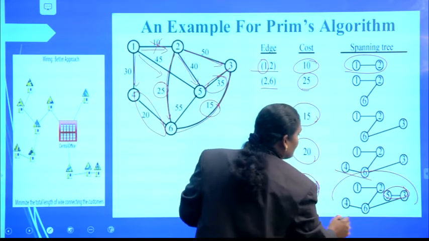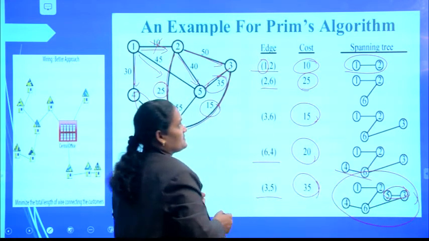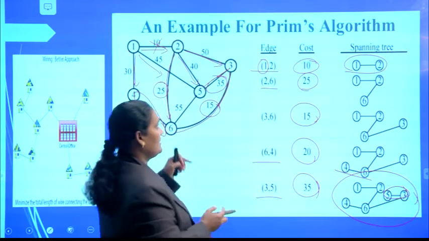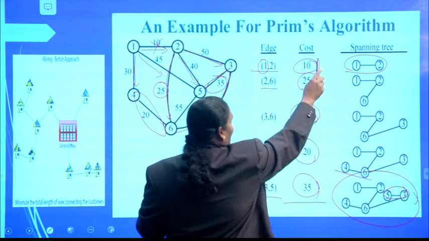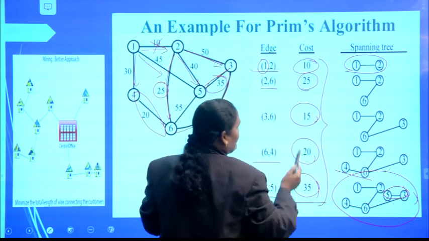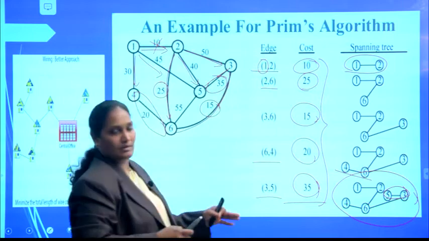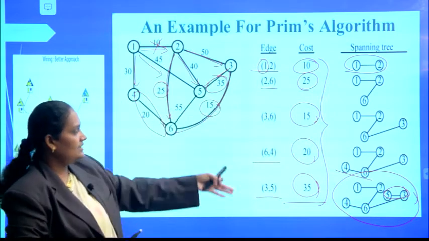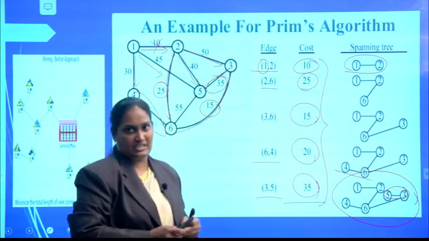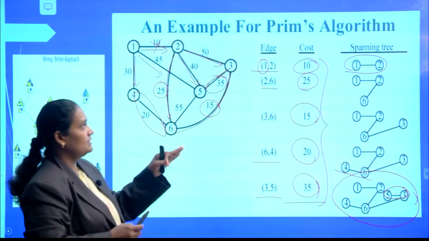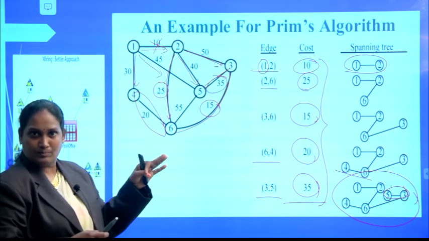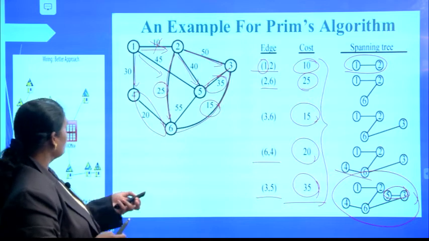So finally this becomes the minimum cost spanning tree of the given graph, and if you add all these costs, that becomes the cost of this particular minimum cost spanning tree. So this is the procedure of Prim's, right.